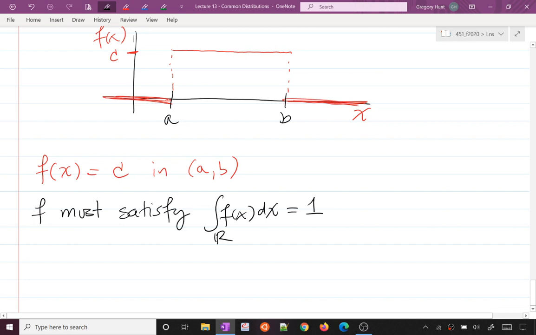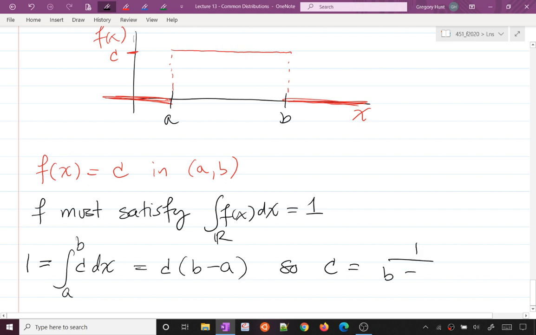That constraint is going to tell us what c has to be, because we only need to integrate between a and b, 0 elsewhere, some value c dx, and that has to be equal to 1. This is equal to c times (b minus a), and so c must be 1 over b minus a.